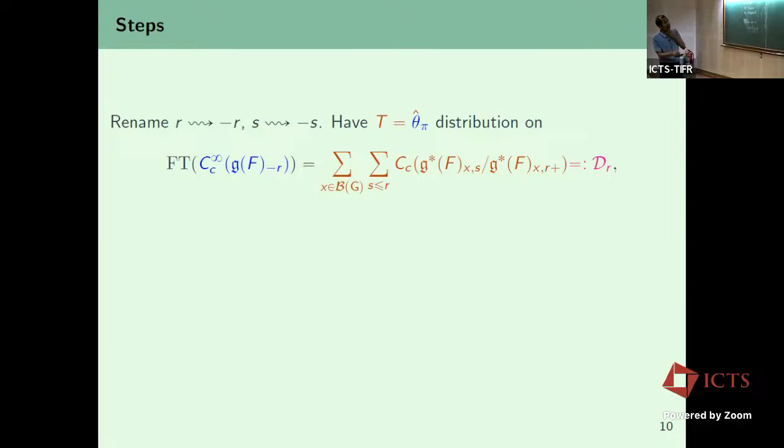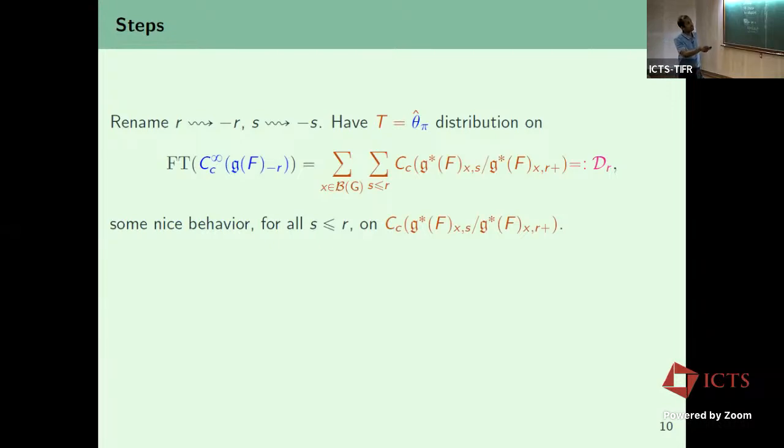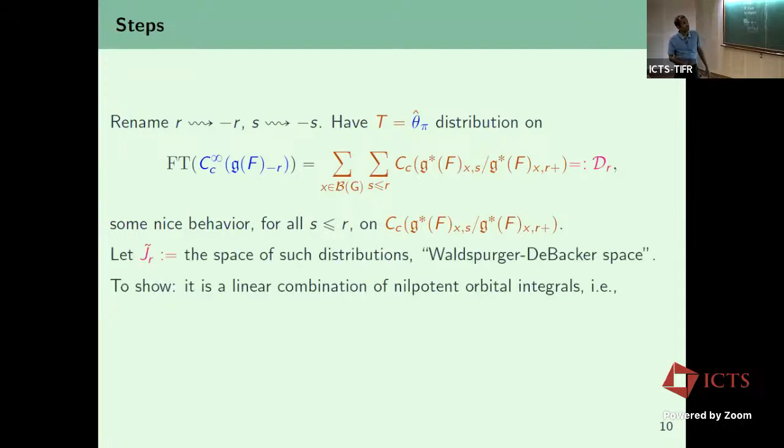And on this Fourier transform space, we have observed in the previous slide some nice behavior. I'm not going to recall that behavior again. So we have the Fourier transform distribution defined on some weird set of functions, and it has some nice behavior. Let us call this space J tilde R. It's the space of such distributions. Let's call it the Waldspurger-DeBacker space, just for having a word for it.